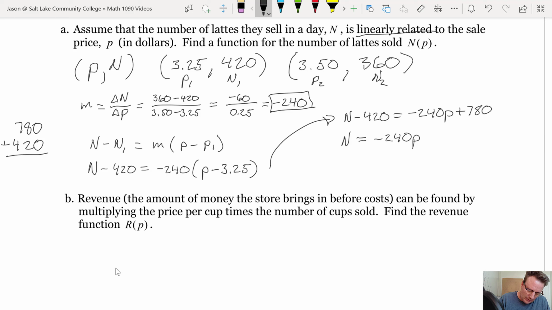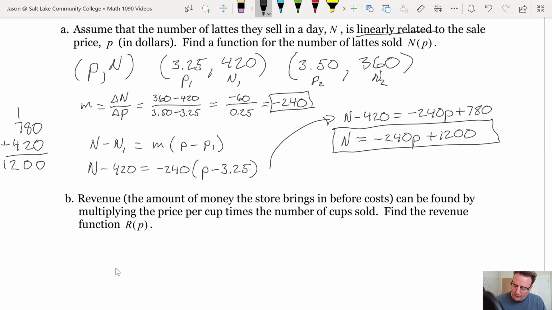That's 1200. Plus 1200. Okay, so that is our linear relationship between price and number of lattes sold.